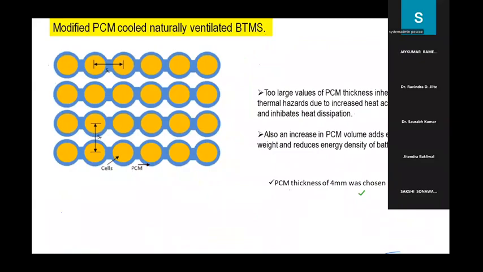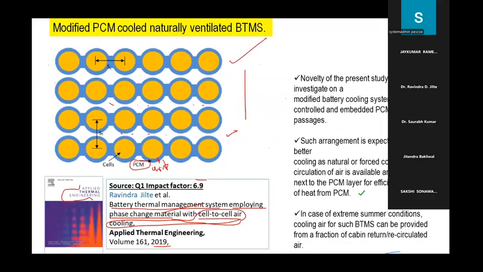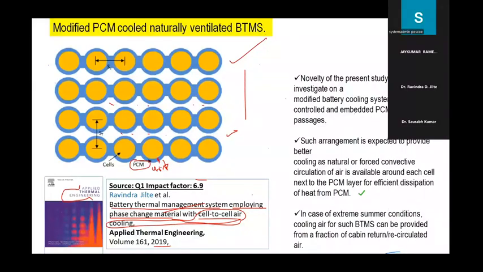I will not go much deeper into the findings. We can easily scroll down the articles on sciencedirect.com or any of the available platforms, and you can delve into the insights.